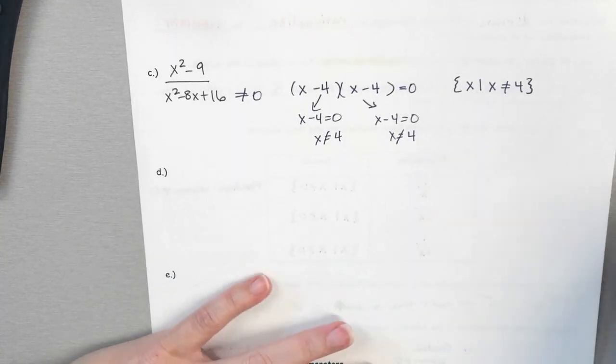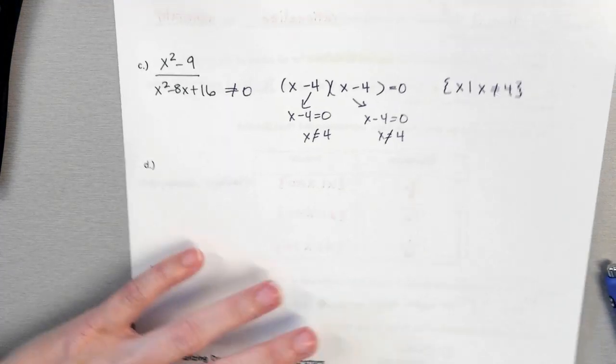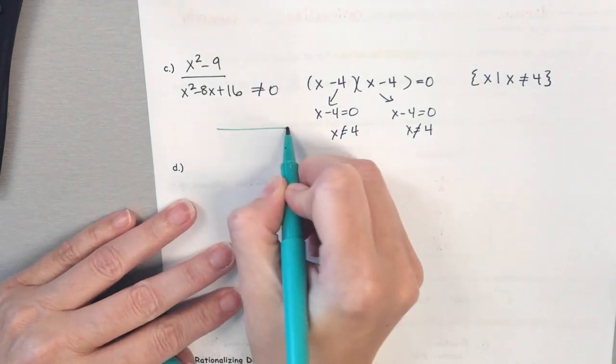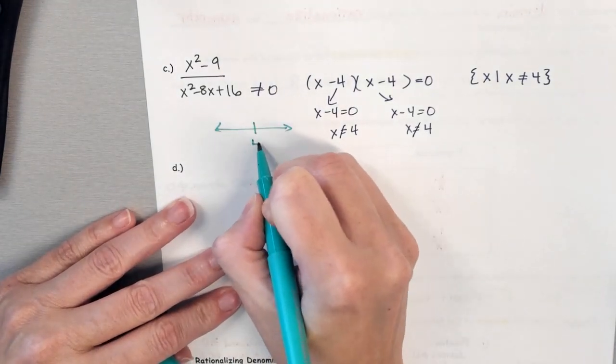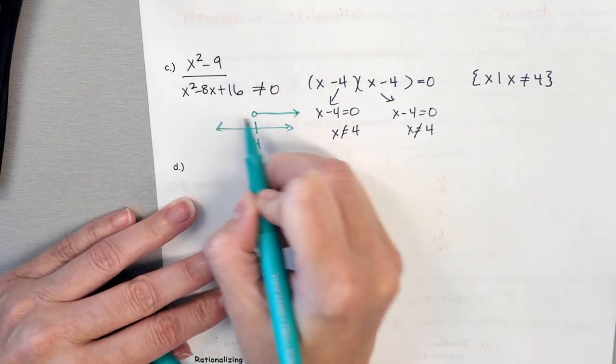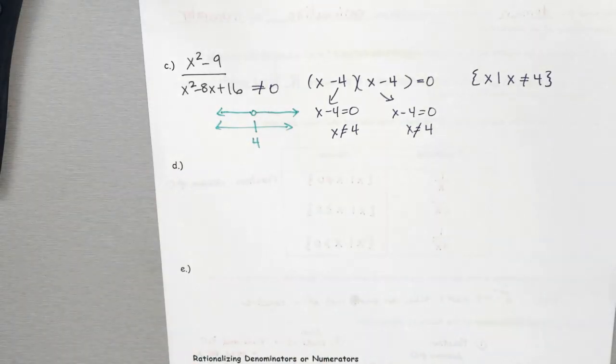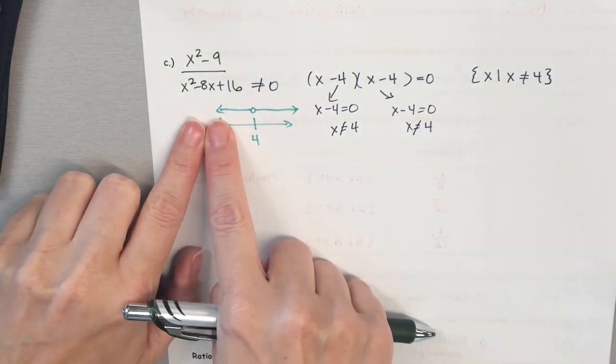Do you guys think that you can do that in interval without me explaining it? Again, I like to think of my number line. It can be anything except for 4, so anything to the right and anything to the left. Whenever you're doing interval notation, you want to start with the lowest value.